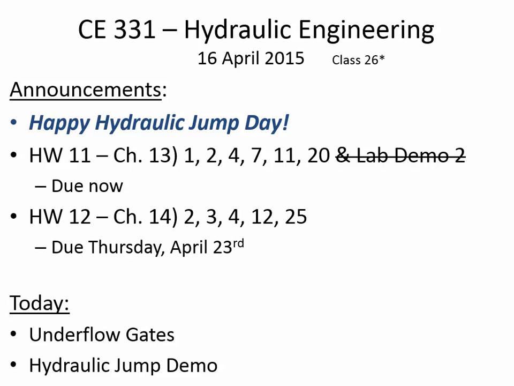All right, so what we're talking about today is gates, and here's a picture of a pretty simple rectangular gate that would be used in an irrigation system. You can see the way that the gate is raised and lowered is just as simple as a rebar handle that's been welded onto the plate. So this is just something as simple as a metal plate.